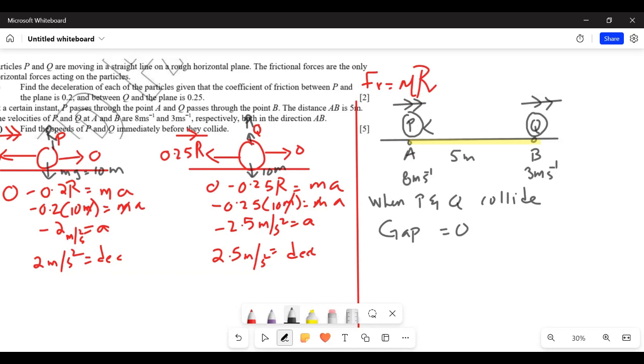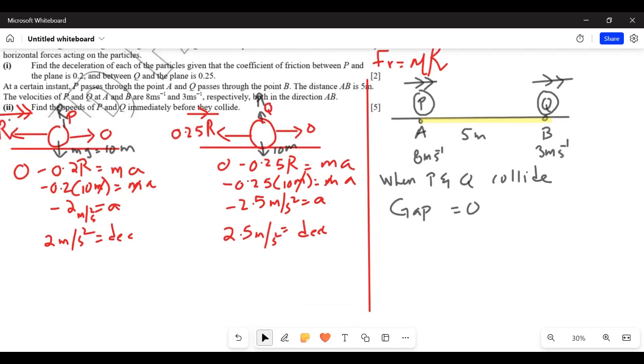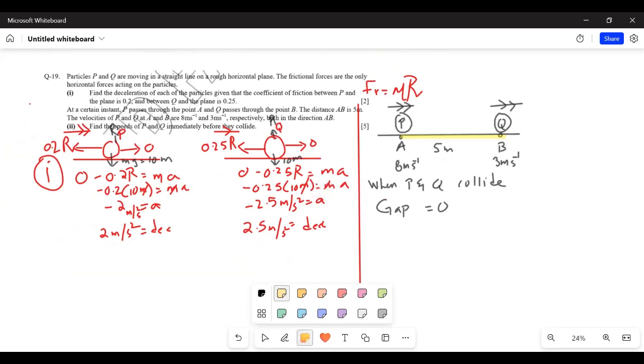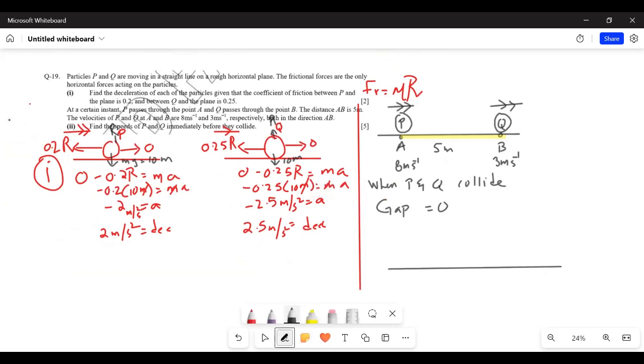Now, how do we form an equation for the gap? Let me draw the diagram again. There's A, there's B, and the initial gap is 5 meters.